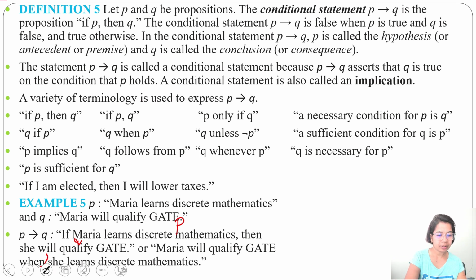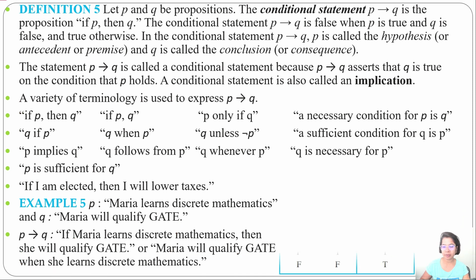Here just mark the term when. First is Q, second part is P. So Q when P. She learned mathematics is our P and she will qualify GATE is our Q. So Q when P. Like this you can write P implies Q in different formats.